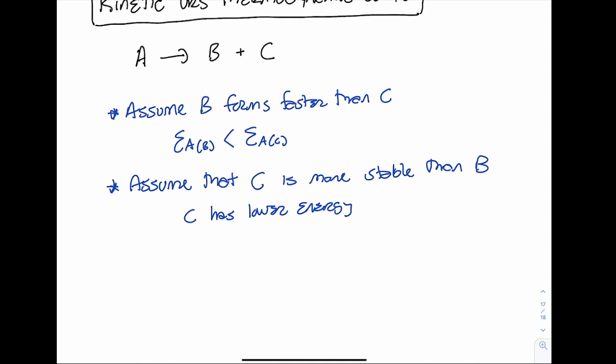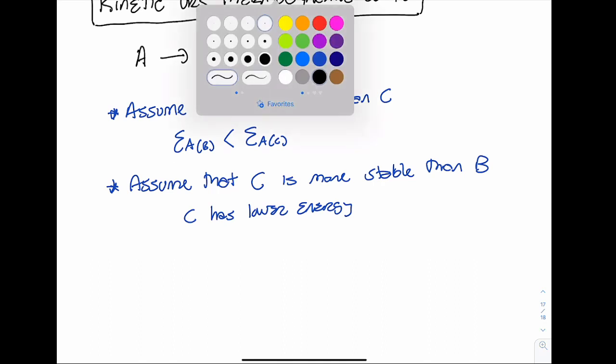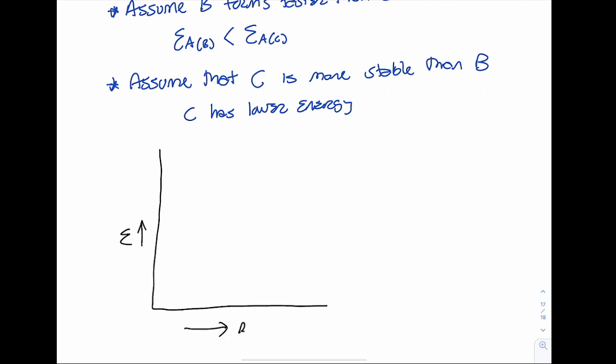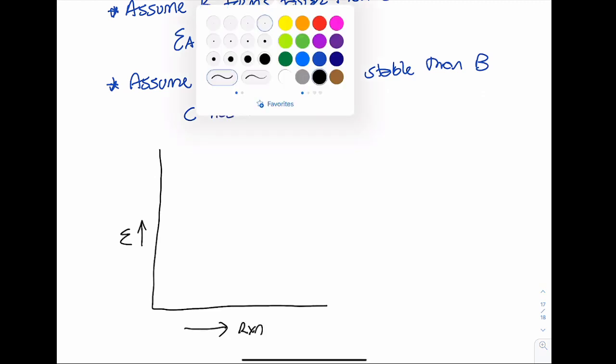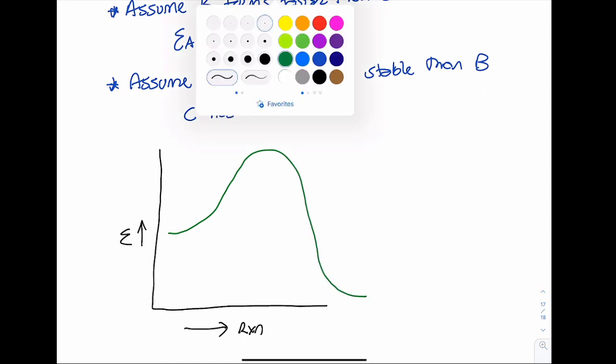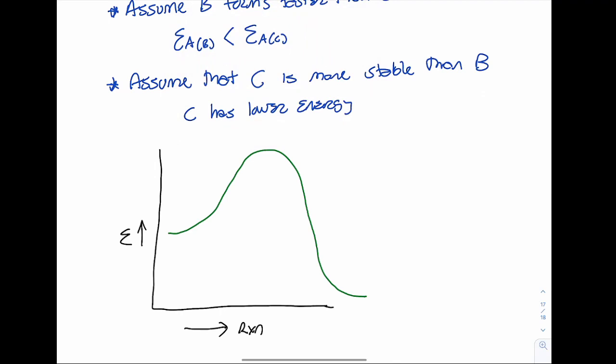If we were to draw, we could draw an energy diagram and put both of them on there. So energy, my reaction, and let's use green for one of them. I'm going to go up, and then I'm going to come back down. We'll make this one C because I came down so far, it's pretty stable.